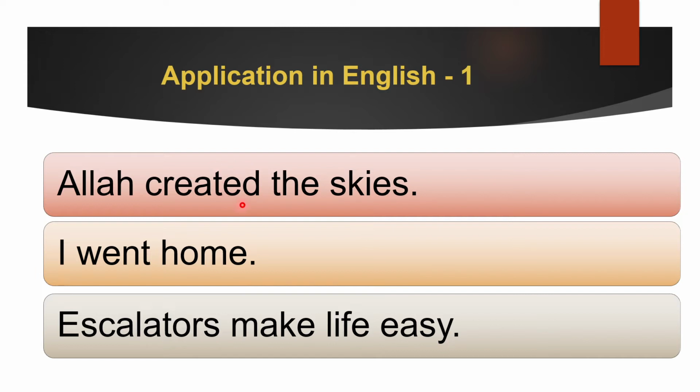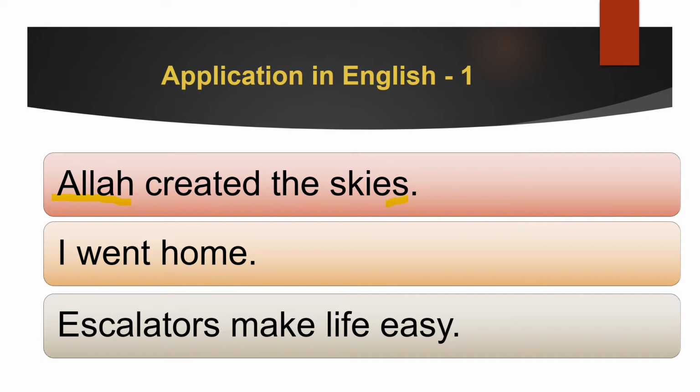Ed, created. The skies. The over here will be considered a harf. Why is it a harf? Because it doesn't make sense unless skies comes after it, right? Lastly, we have the word skies. This is a noun because it is a name. Simple enough. If I were to categorize this, let's say yellow is for ism.